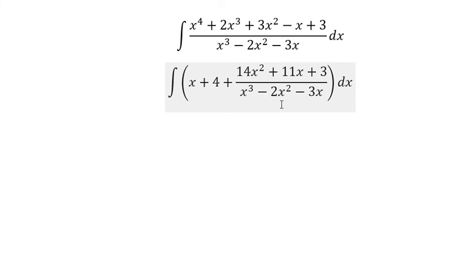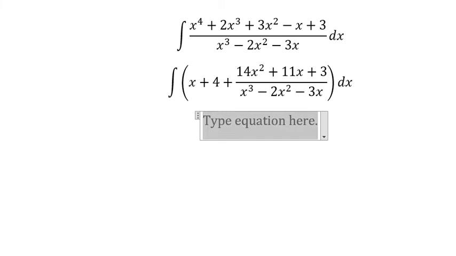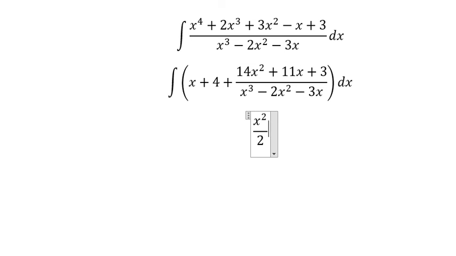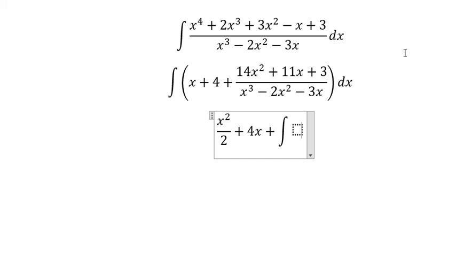So we have like this. The integration of s, we have s squared over 2. Number 4, that is 4s. And now we need to concentrate on this one.